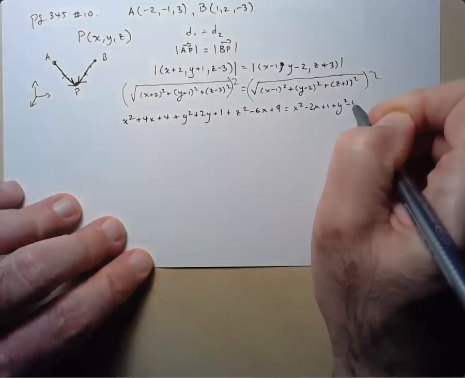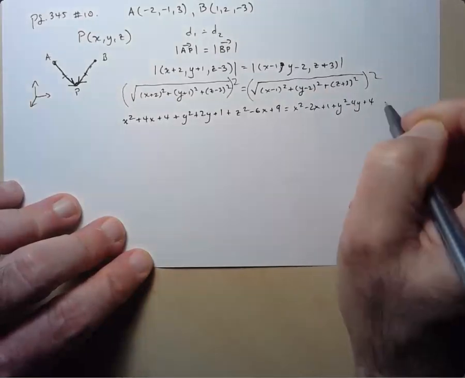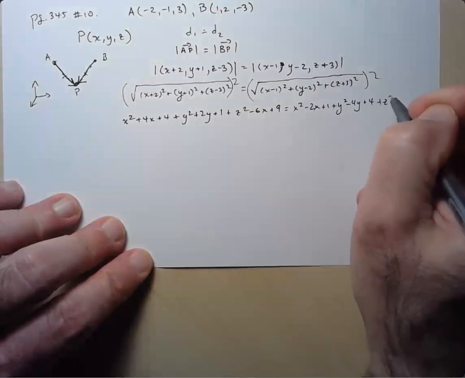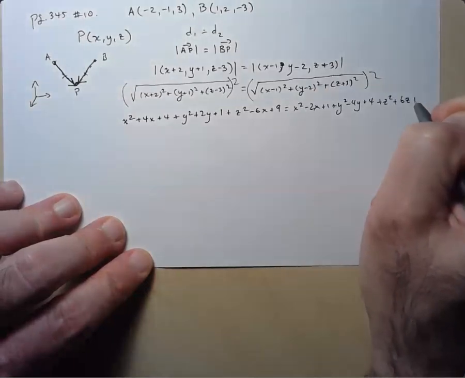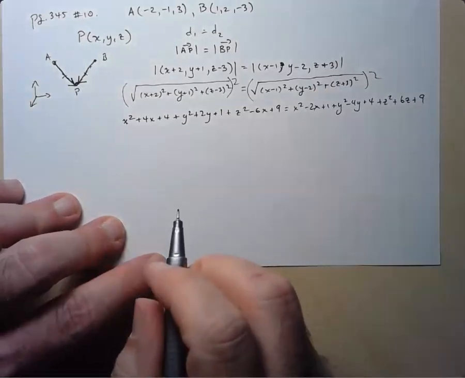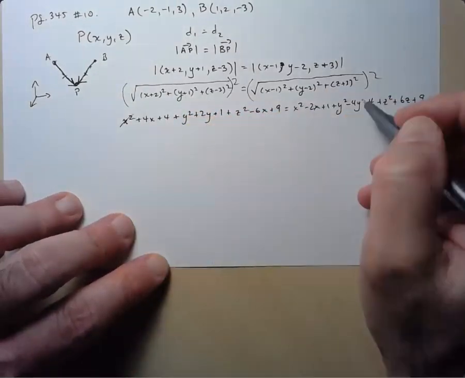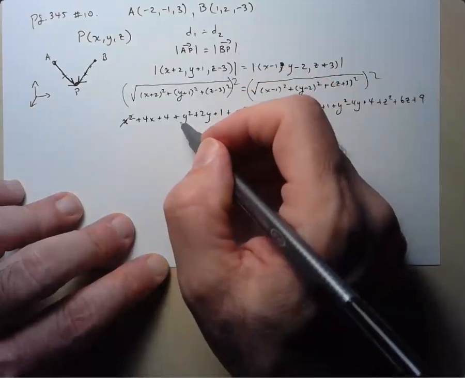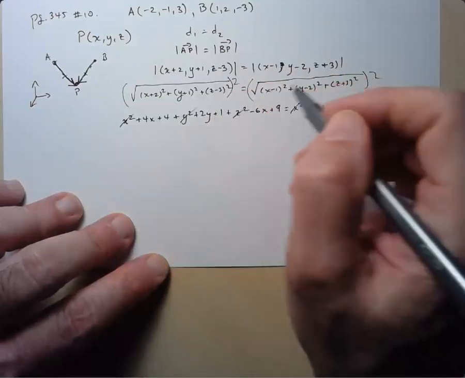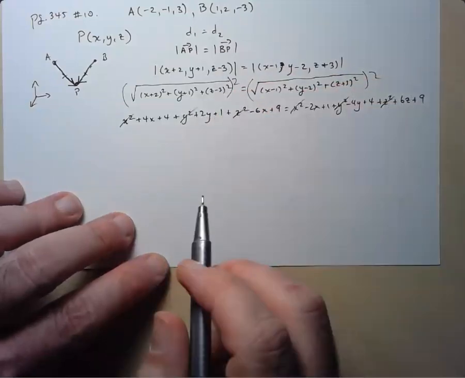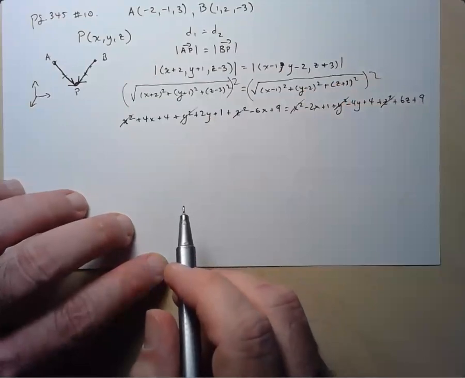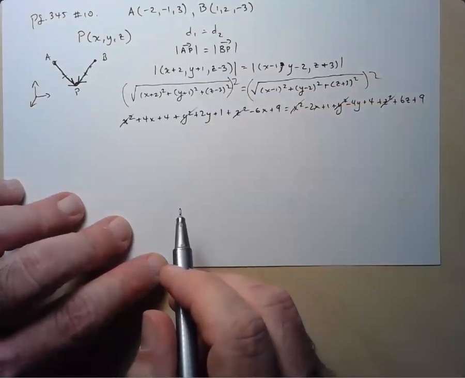Y squared minus 4Y plus 4. And lastly, Z squared plus 6Z plus 9. And as we saw in the very similar example we did in class, all the squared terms cancel out. The Y squareds go and the Z squareds go.